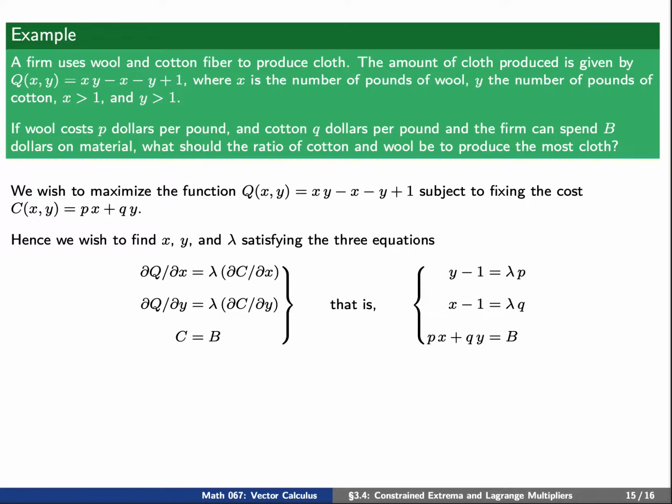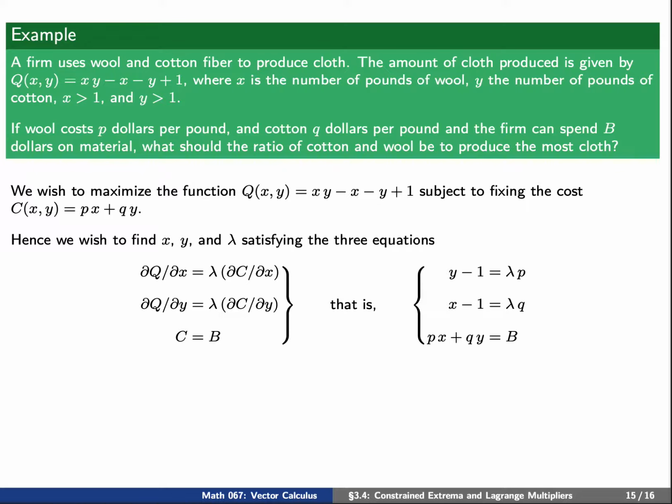Now let's put all of this together. Since we're saying that the gradient of q must be a scalar times the gradient of c, that actually is two equations. Namely, the partial of q with respect to x must be lambda times the partial of c with respect to x, and the partial of q with respect to y must be lambda times the partial of c with respect to y.